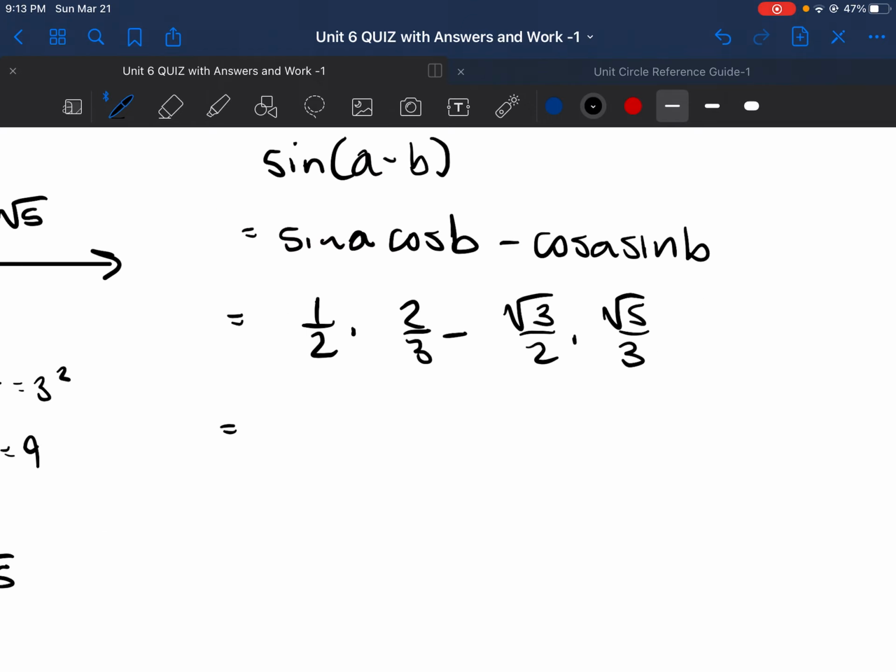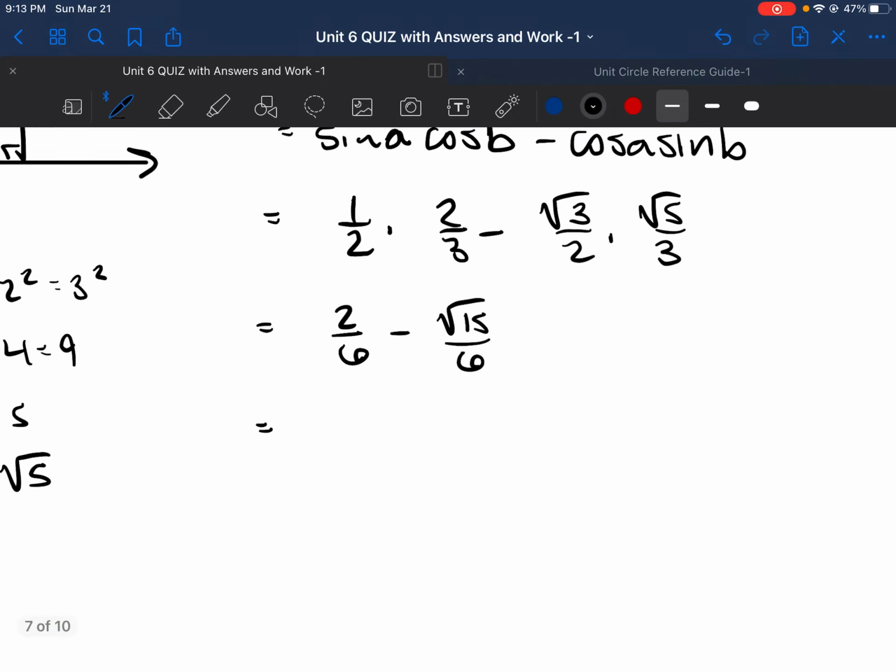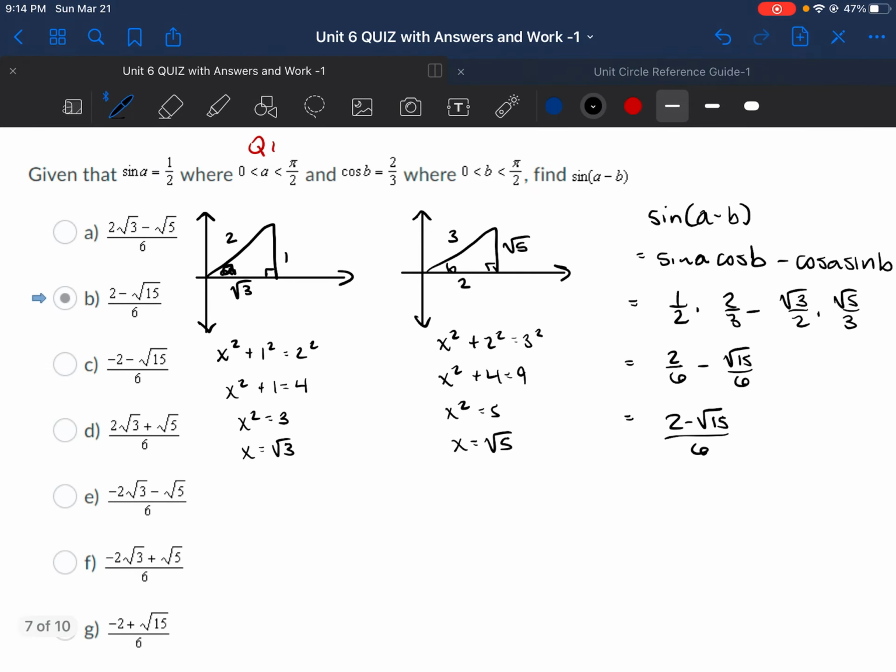All right, and now we just do this calculation real quick. 1/2 times 2/3, that's going to be 2/6. Minus root 3 times root 5, that's root 15 over 6 as well. Common denominator of 6, we can just subtract the numerators together, all over 6. 2 minus root 15 over 6, which is this answer right here.